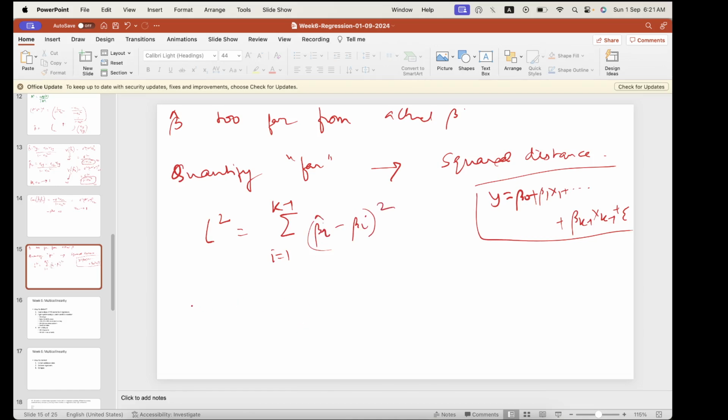Alright, so we can find that the expectation of L square will be equal to summation i equal to 1 to k minus 1 of sigma square by 1 minus Ri square. This is already shown in lecture.